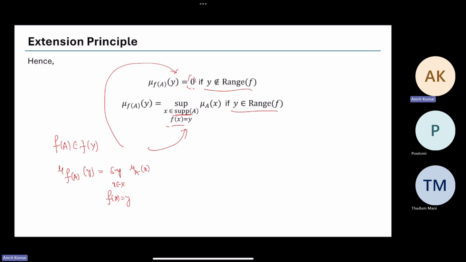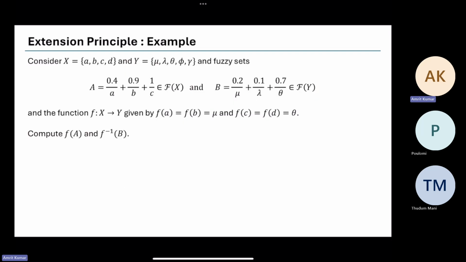Now, what this means is that we can easily write the membership function of f of A and f inverse of B. So let us consider the previous example again. Here the range of f is mu comma theta. The function f from X to Y is defined in this manner, so its range is mu or theta.